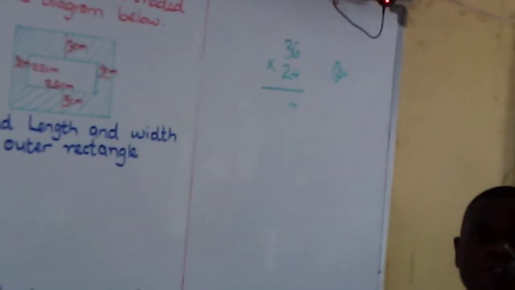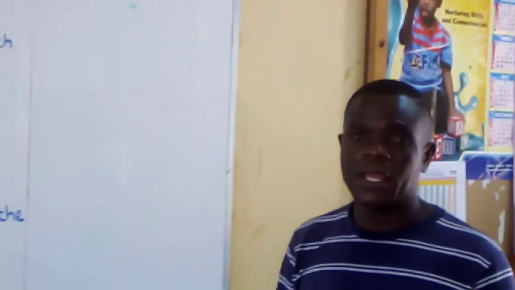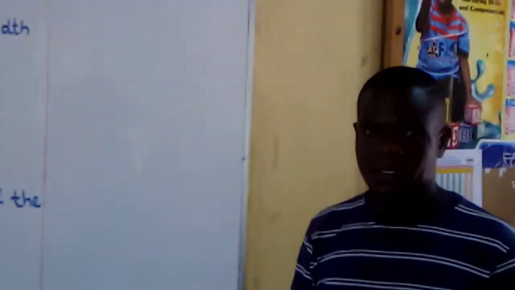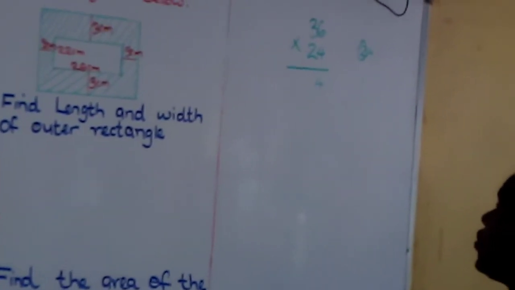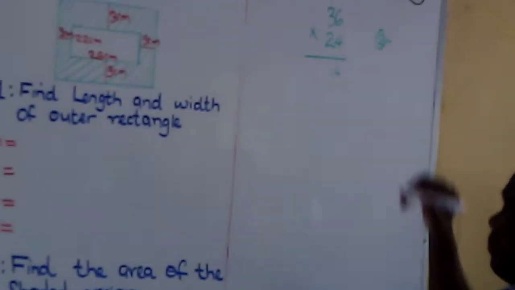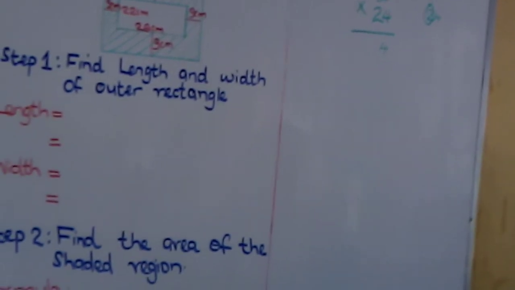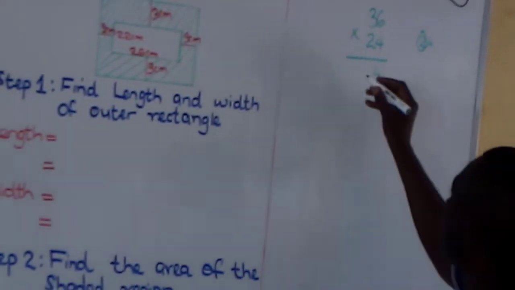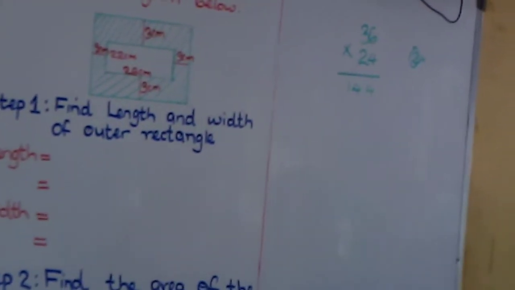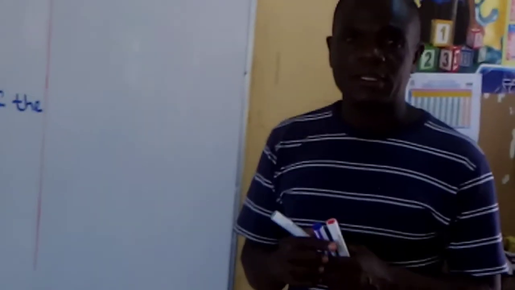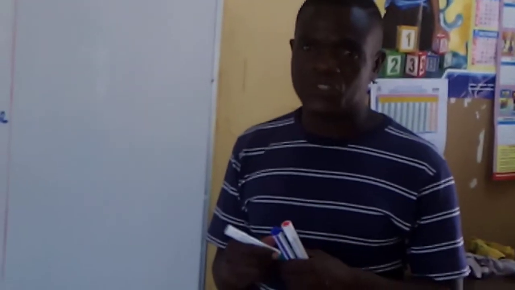Again, what is 4 multiplied by 3? Good. 4 multiplied by 3 is 12. 12 plus 2 that we had carried is 14. So we write there 14. Good. What is 2 multiplied by 6? Boys and girls, 2 multiplied by 6 is 12.